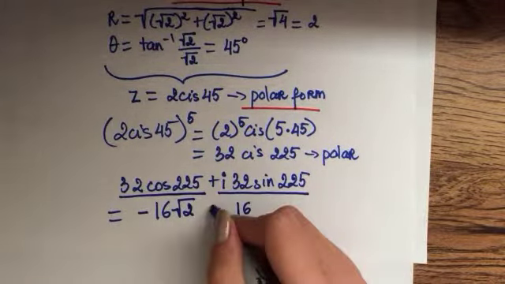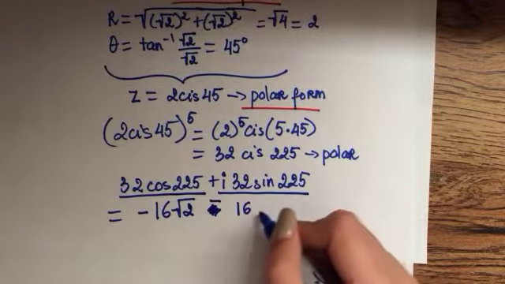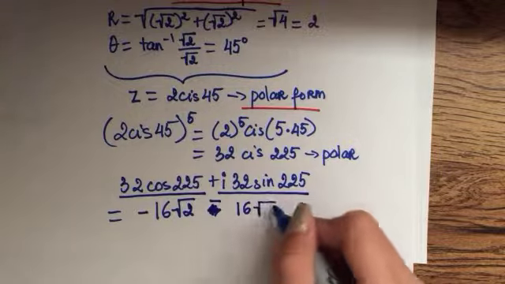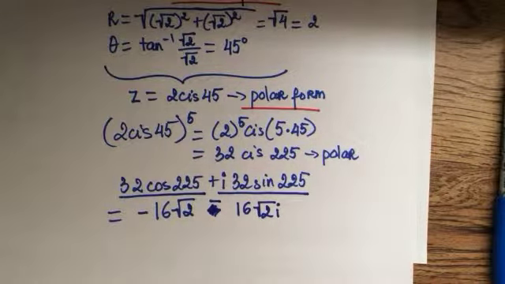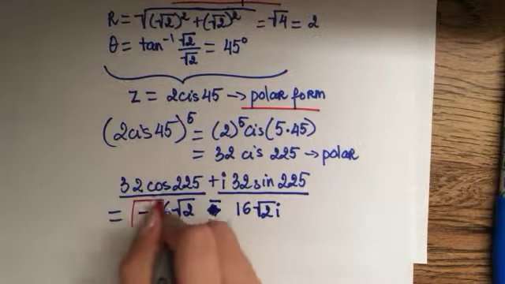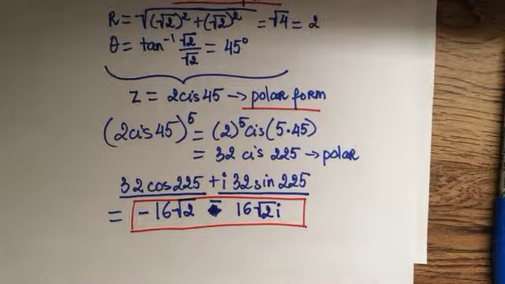Oh, I think this is negative, sorry. It's negative 16 square root of 2 i. So this is going to be your standard form. Every single time you finish your problem, you should box it so it looks clean and neat. That's what all the math teachers want you to do.